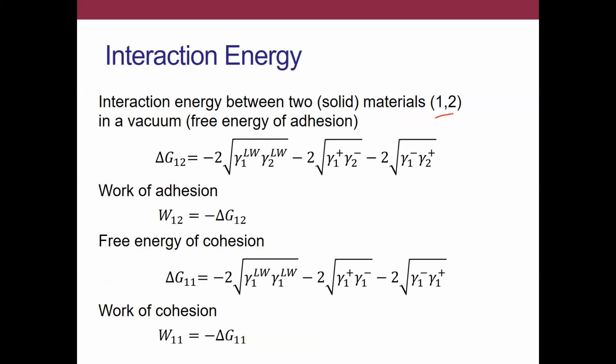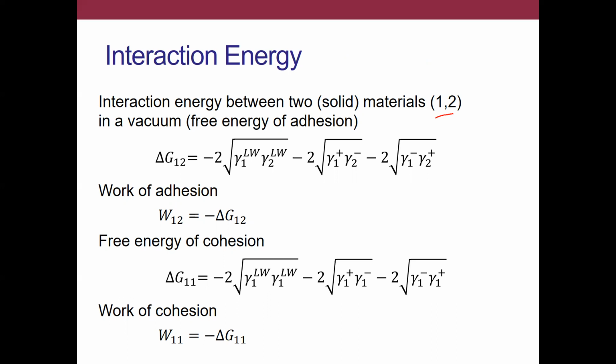All right, so this would be a theoretical work of adhesion, how much energy exists at that interface. Then you could similarly calculate cohesion, right? So the energy in the material itself.